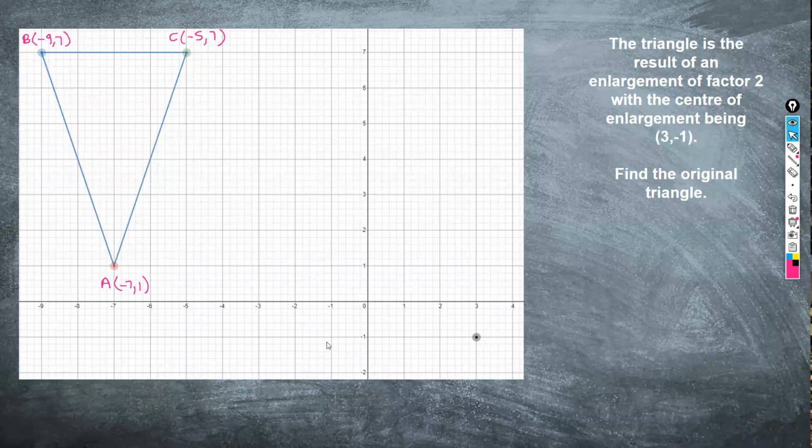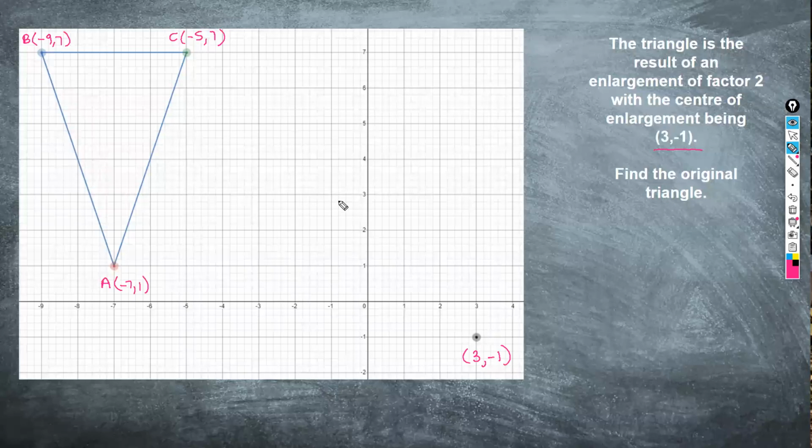This question is a little bit different from the other questions we did last week. In this question, they gave us a center of enlargement. The center of enlargement was 3, minus 1. I already put in the 3 and the minus 1. This over here is the center of enlargement.